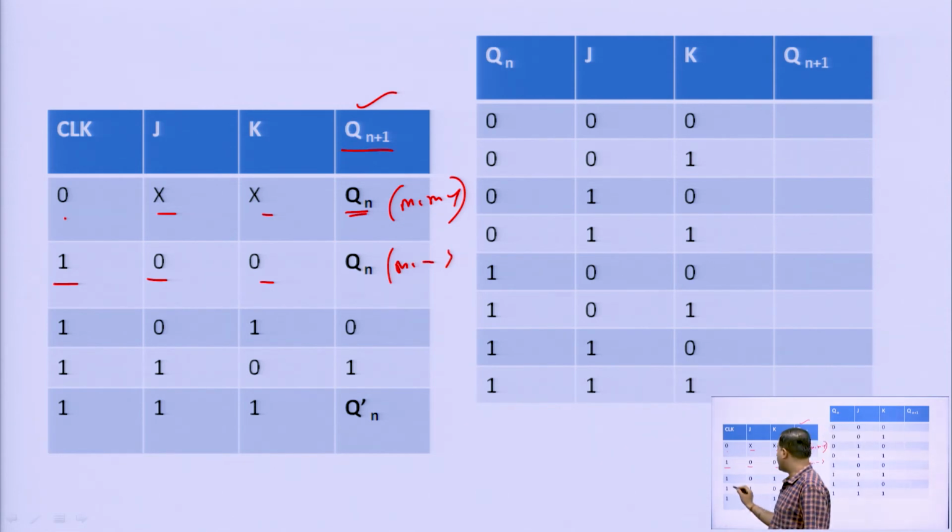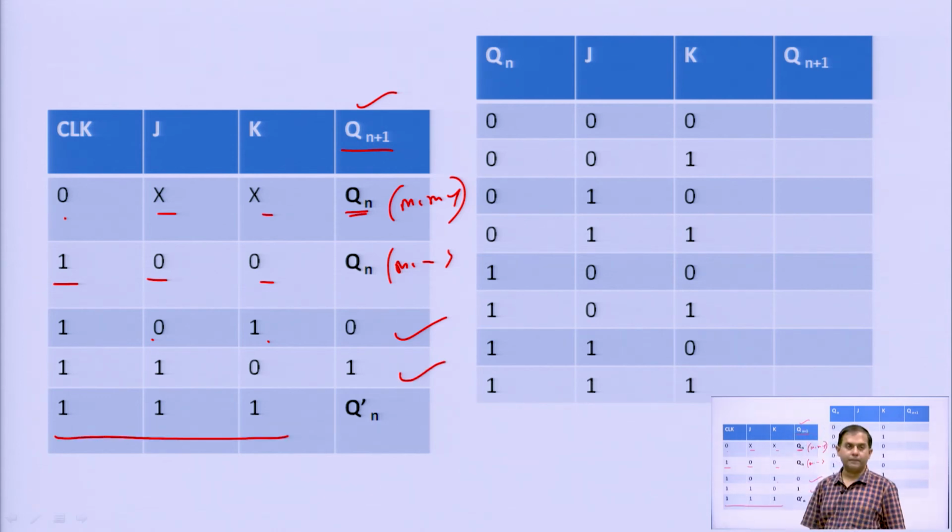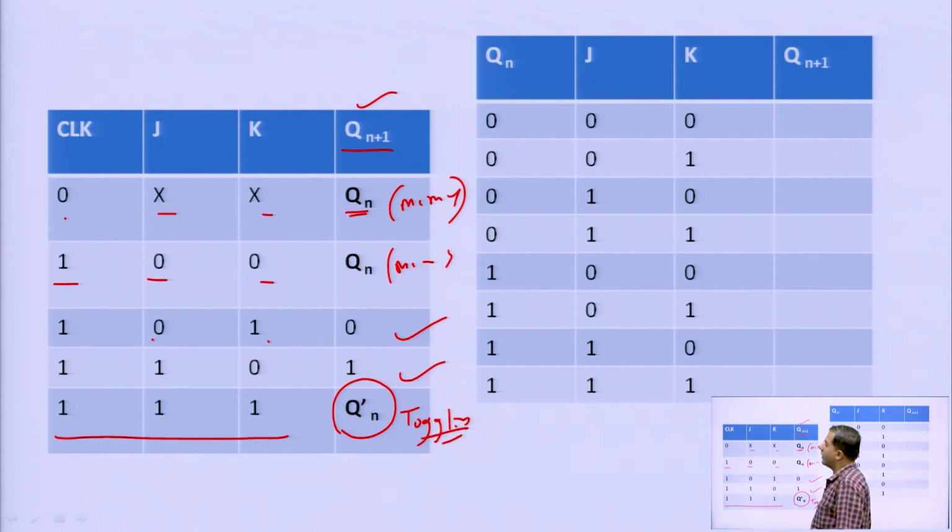When clock is 1 and J and K are 0 1, then next state will be 0, for 1 0 it will be 1, and when all inputs are 1, the last condition, Q n plus 1 will be Q n bar, means this is toggling.